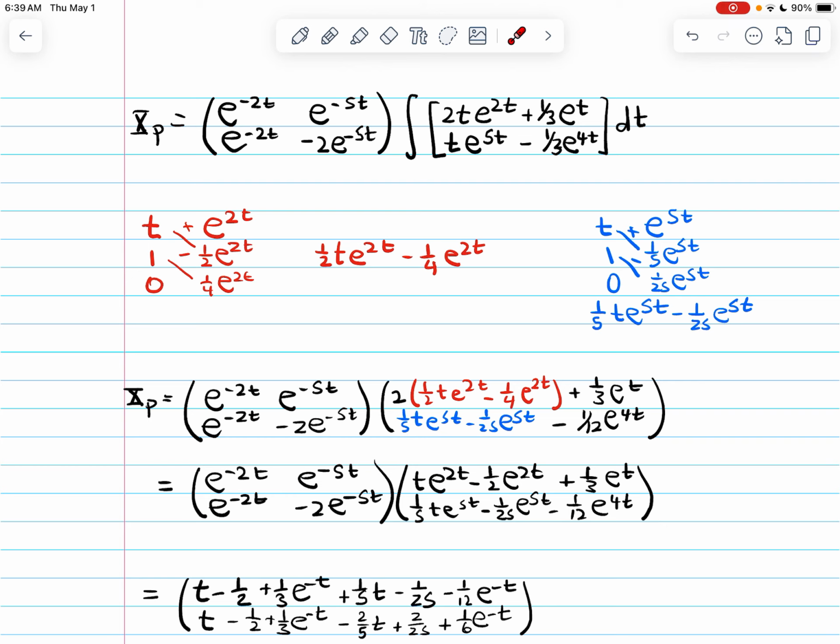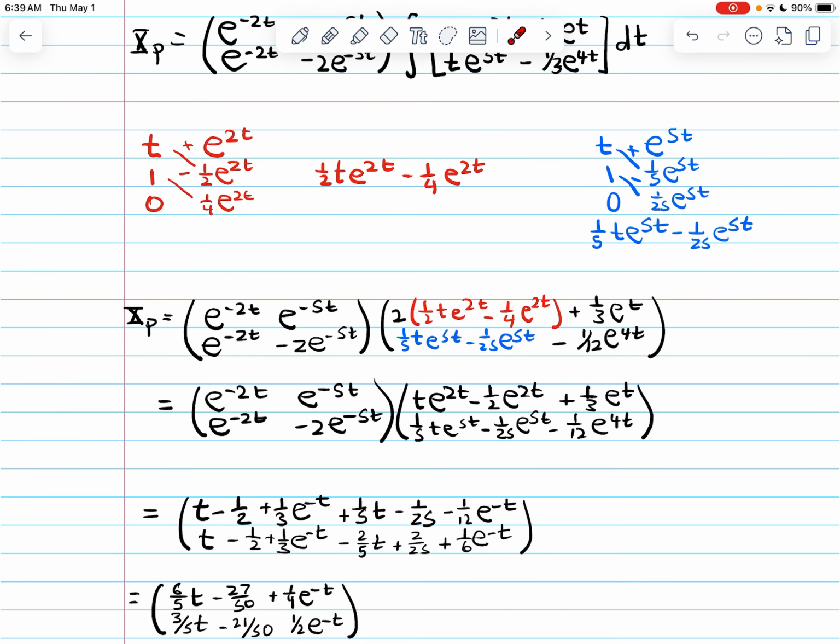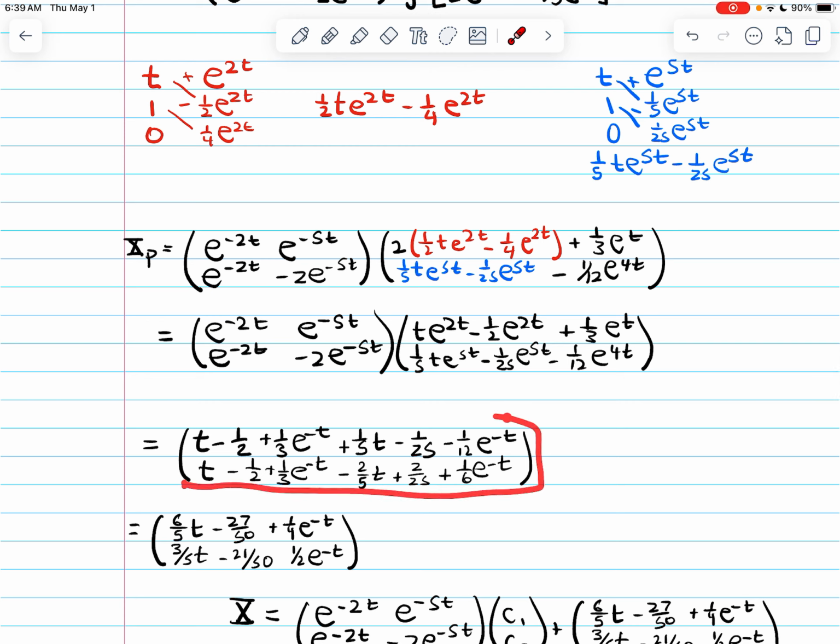Then I work through this, clear my parentheses and everything, and I get this. And then I need to multiply this matrix by this matrix. And I get this matrix. That's a handsome matrix right there.